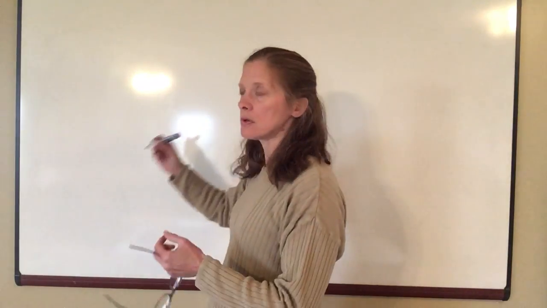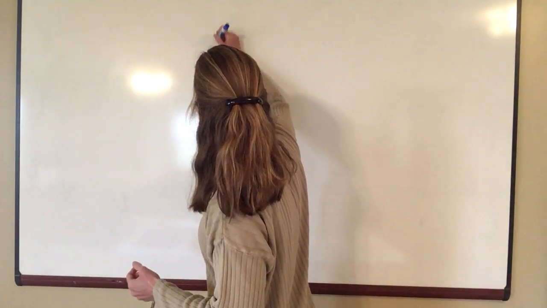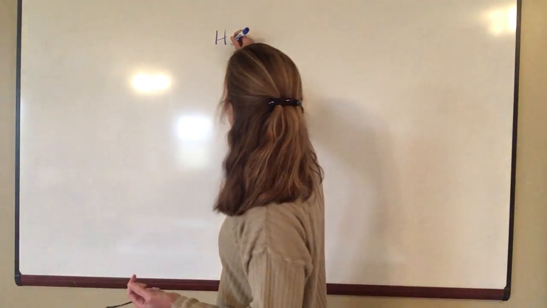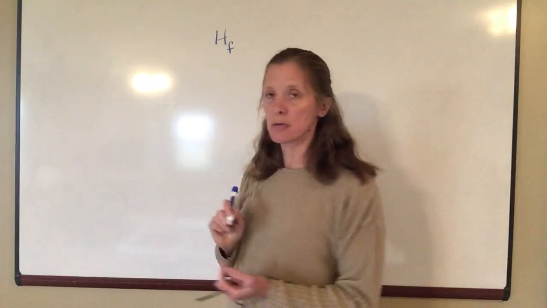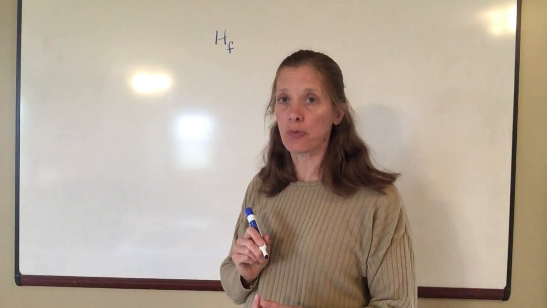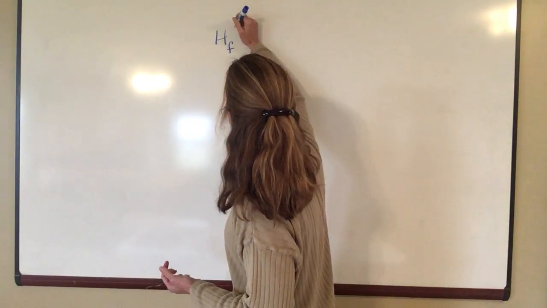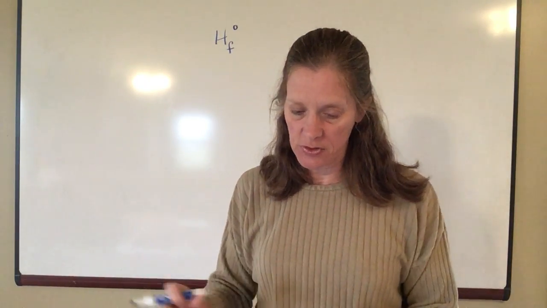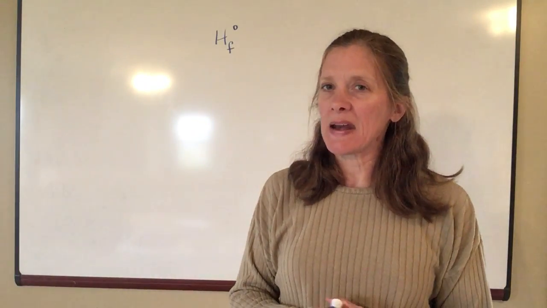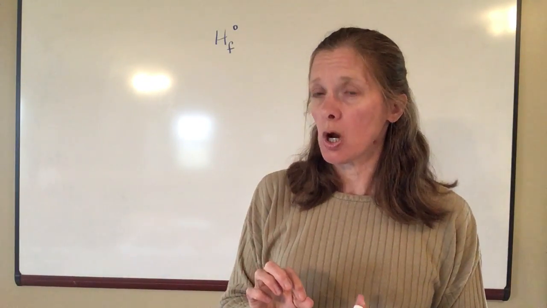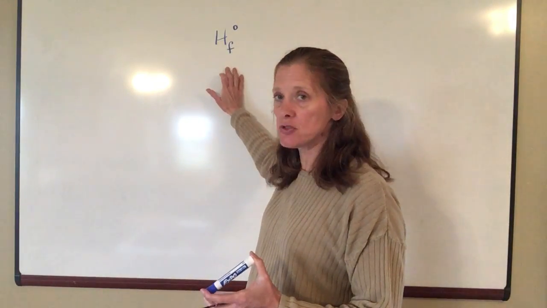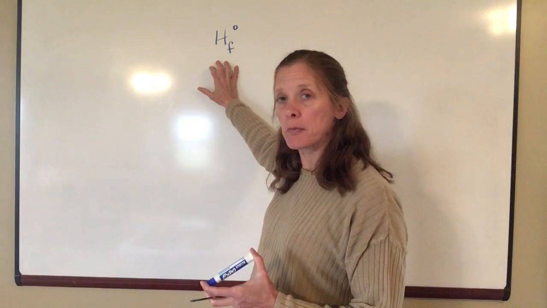And so the symbolism that you're going to see is the H for the enthalpy, and you'll see a little subscript f, which means formation. And then you'll see a degree sign up here. The degree sign means that it was at a specific temperature in order to calculate what this is. If the temperature changes, the enthalpy of formation changes.